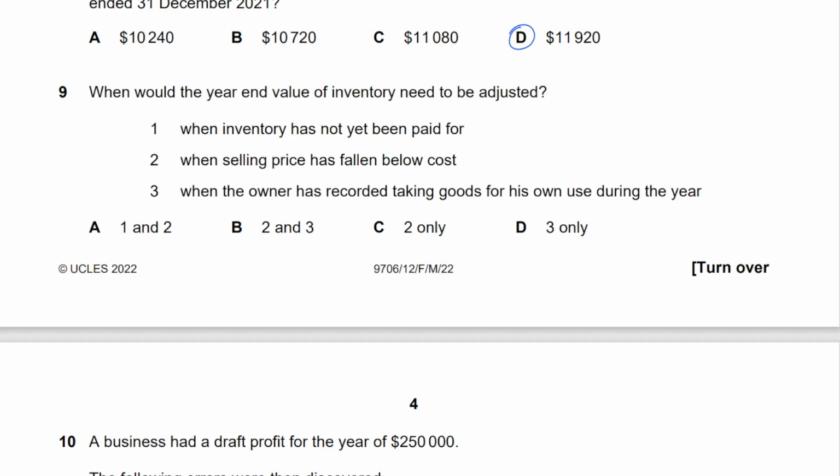So it is a reporting event because the inventory we had at the reporting date, we realized later on was not worth what we thought it was worth at the selling price, which is the NRV, net realizable value. So we might have to go back and change it. It's an adjusting event. When the owner has recorded taking goods for his own use during the year.